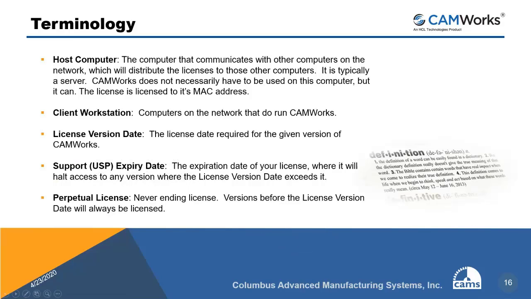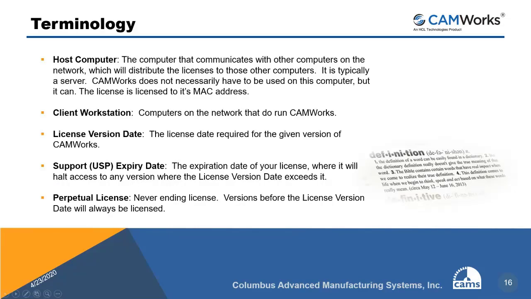Perpetual licenses are never-ending licenses. All CAMWorks licenses are perpetual licenses, unless for some reason they put a timer on it because they're waiting on payment confirmations or someone to return a license if you're transferring a license. But they are perpetual licenses, they're never ending. That means you can run any version of software going backwards in time that came out before this date.